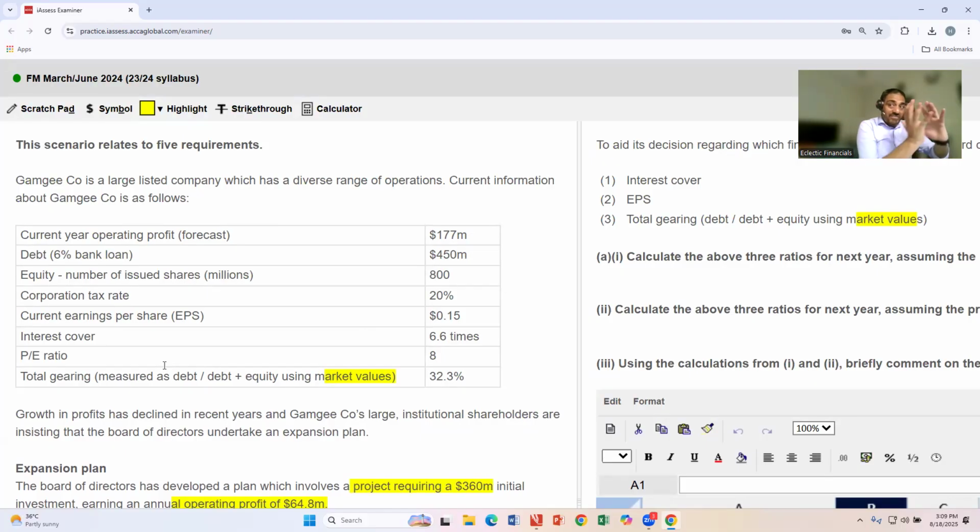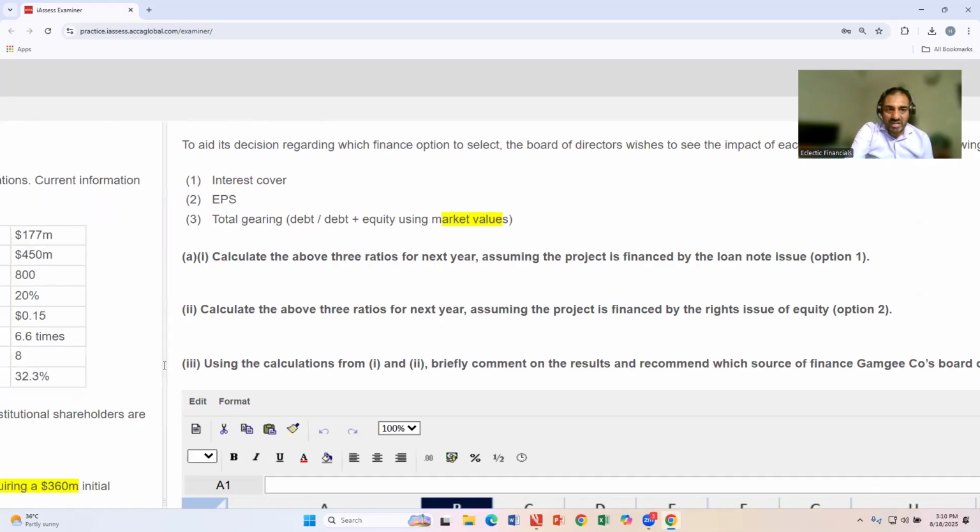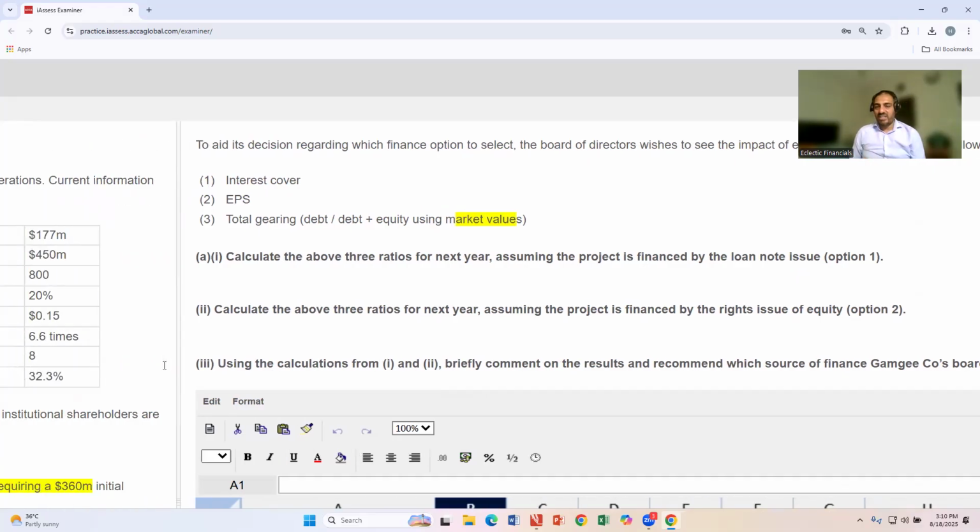Whatever you have read, based on the requirement, now it's time to read the requirement one more time and fix your mindset very clearly. We need to calculate three ratios: interest cover, EPS, gearing.